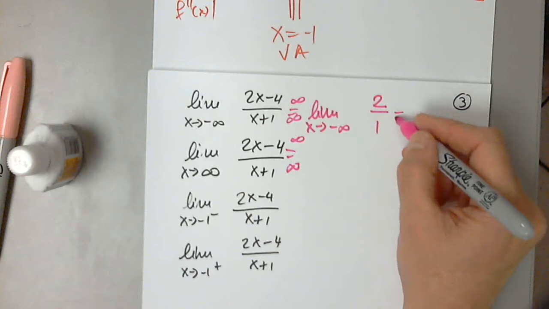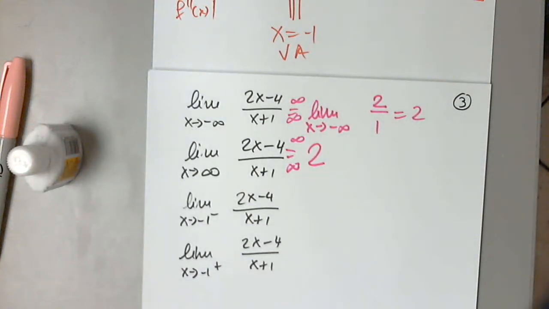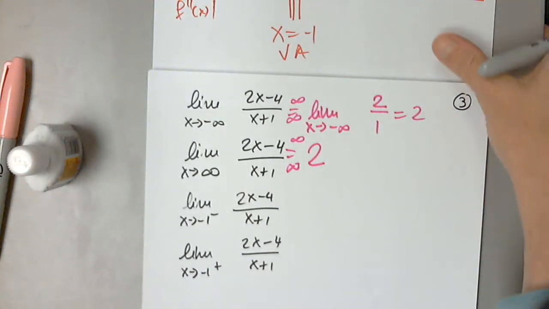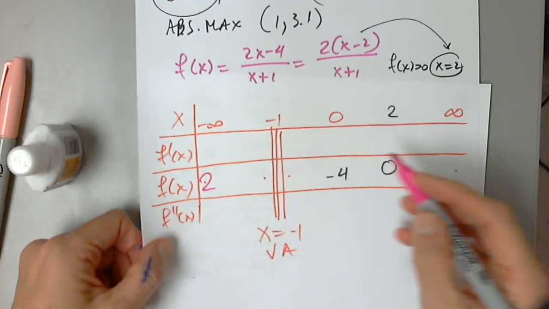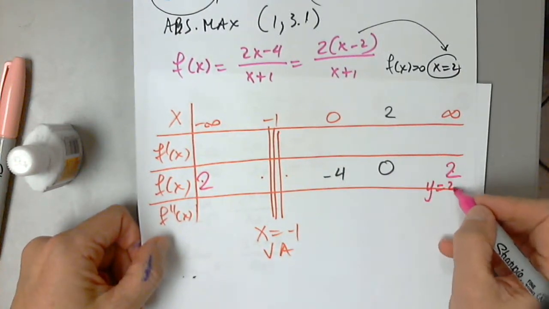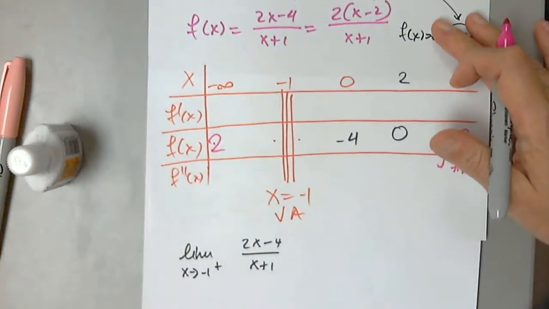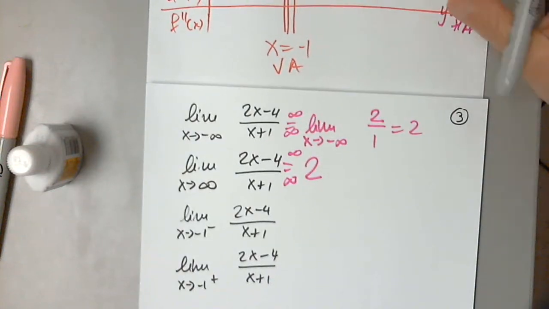When you differentiate the bottom, you get 1. So therefore, y equals 2 is the horizontal asymptote. Is this clear? Is this okay? Anyone, please? Kyle, is this okay? Anyone?